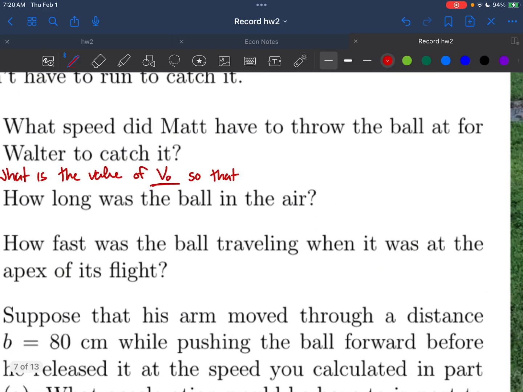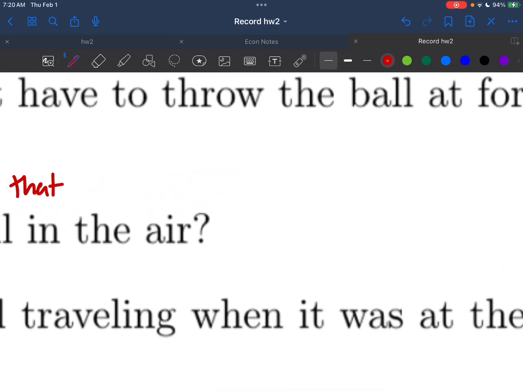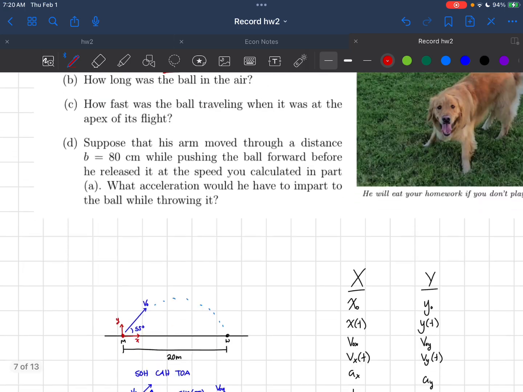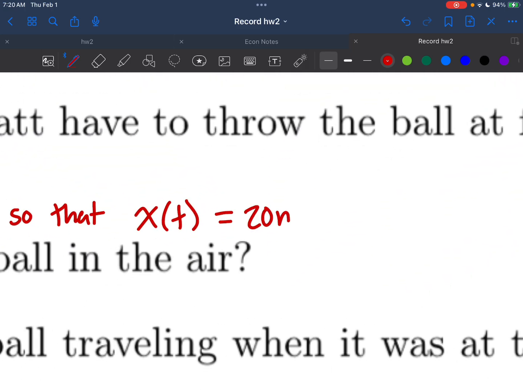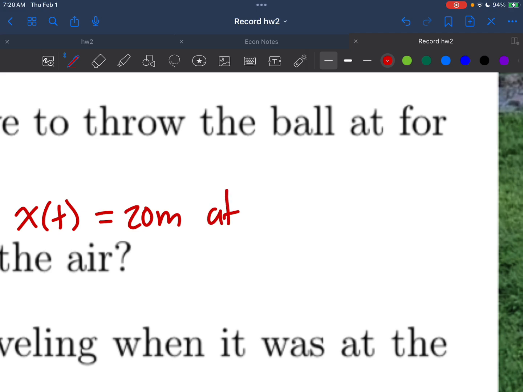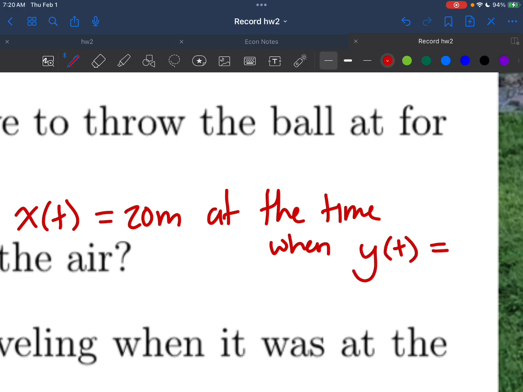So I want the value of x of t, where Walter is, to equal that distance, 20 meters, at the time when y of t equals 0.